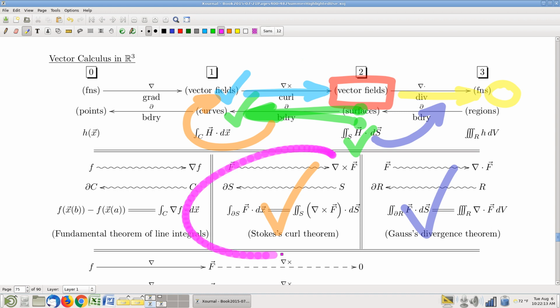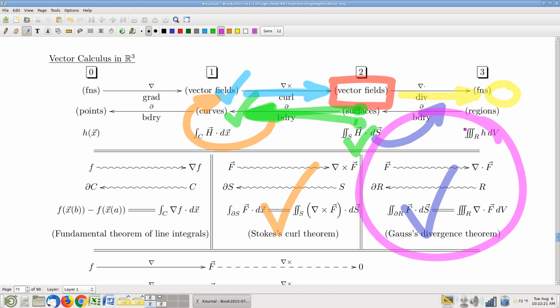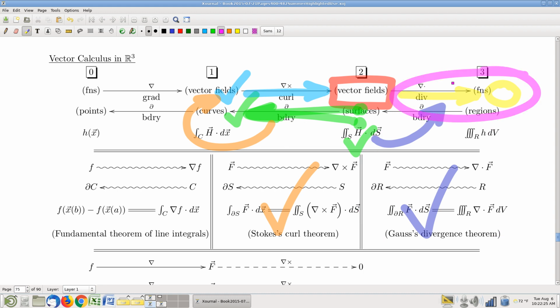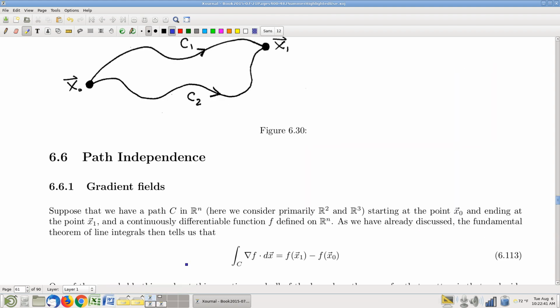Is it Stokes' curl theorem that allows us to make that connection? And can we furthermore use Gauss's divergence theorem to draw some conclusion about how such vector fields must have divergence equal to 0? That's what the pattern would suggest in our wildest dreams. And it's all true. All true. So let's talk our way through it.